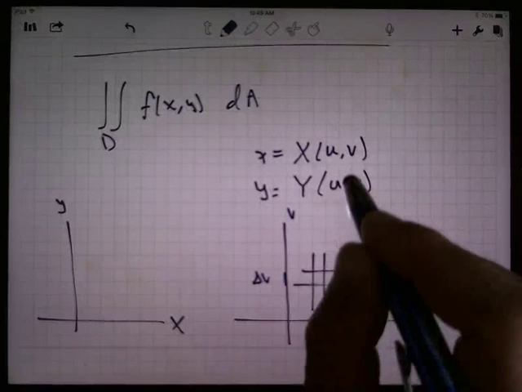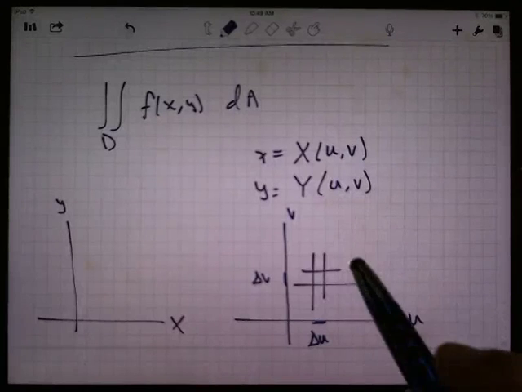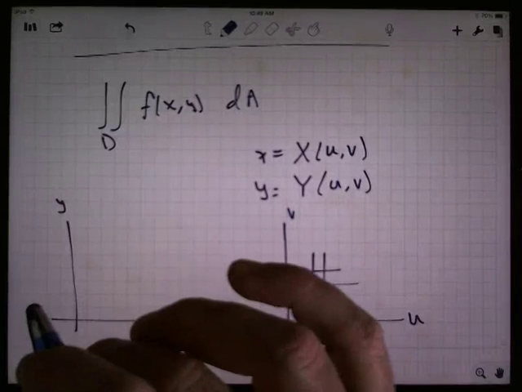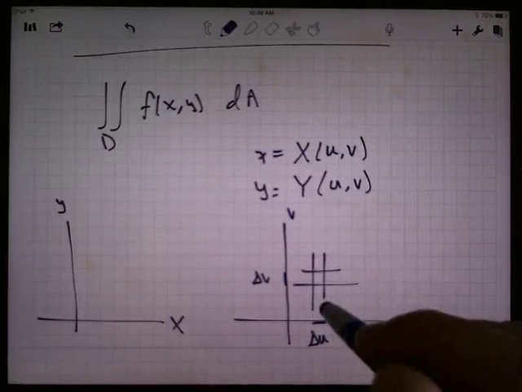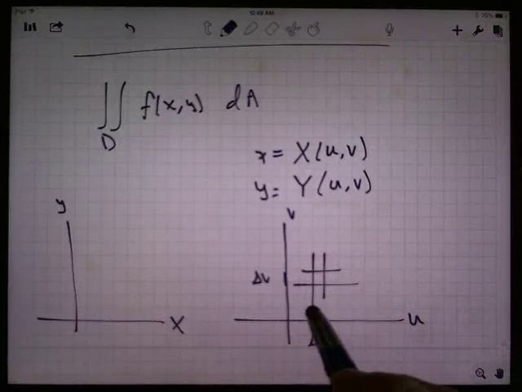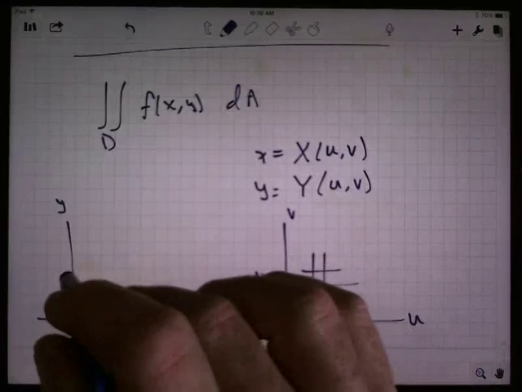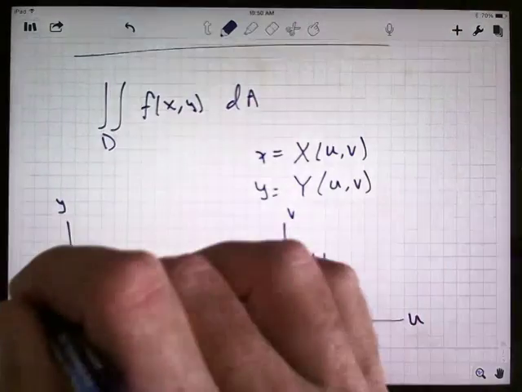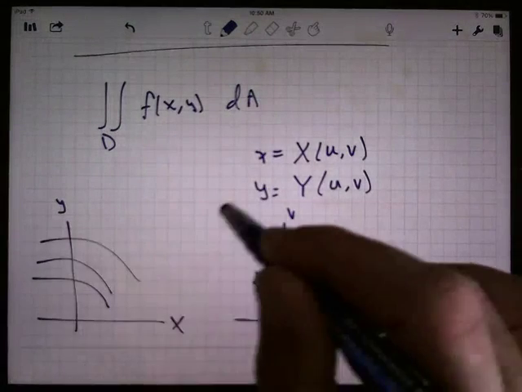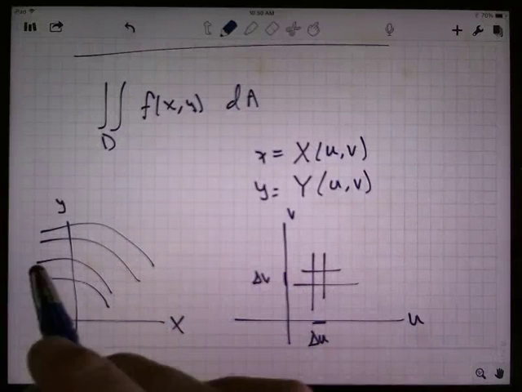It's getting mapped by this. This is a transformation, or a mapping, that takes the UV plane and sticks it on top of the XY plane. And if I look at constant values of U, let's say, they're going to turn into certain curves over here. Depending on what these functions are will determine what those curves look like.